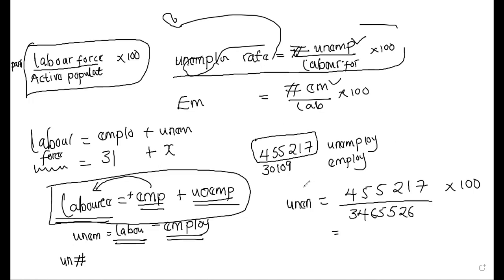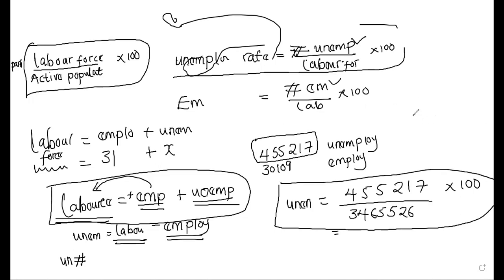Now here they're asking us to calculate the unemployment rate. So the unemployment rate by formula is equal to the number of people that are unemployed divided by the number of people that are in the labor force, then times 100.